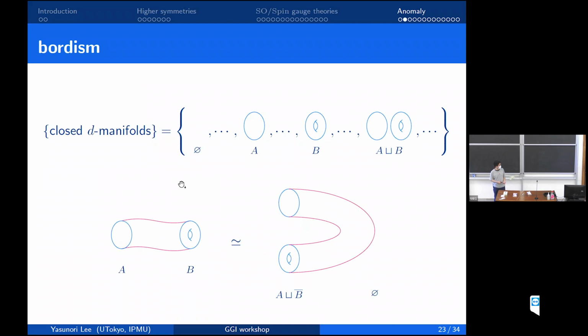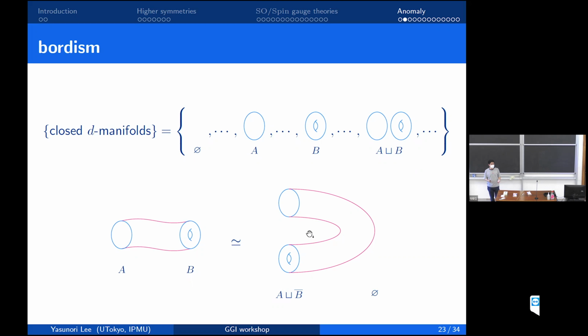So let me further elaborate on that. For two bordant manifolds, A and B, one can stretch the bulk. And as a result, you can see that the disjoint union of A and the orientation reversal of B is bordant to an empty D manifold.